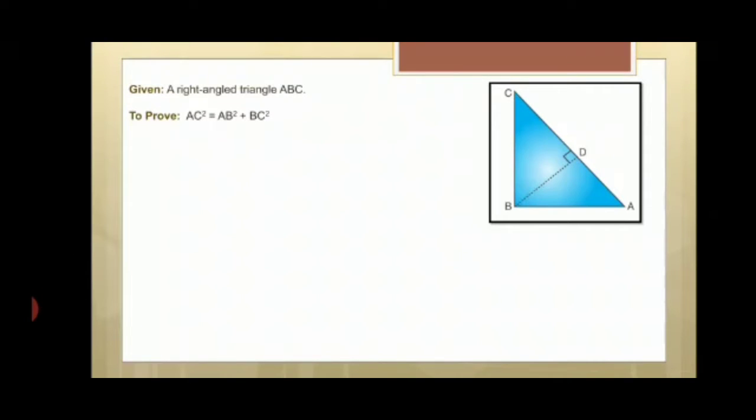Now how do I prove it? I use that theorem that we have done. I draw BD perpendicular to the side AC, right? Now again, if you see, we have a perpendicular from the right angle of a right triangle on the hypotenuse. So can I say that triangle ADB will be similar to triangle ABC?